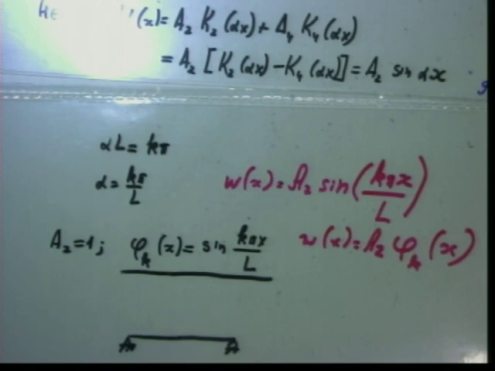Or w of x equals A2 phi k of x. So this is the mode shape, as we said. Now let us look at how this mode shape looks along the beam itself.